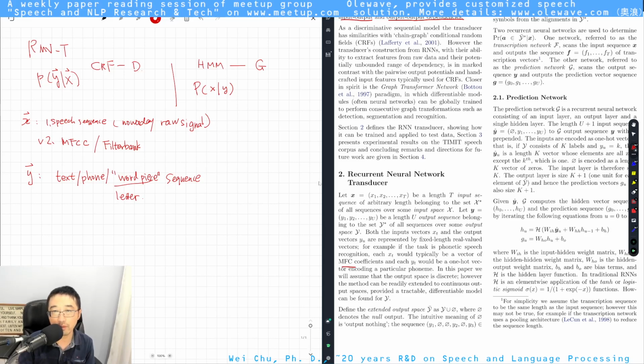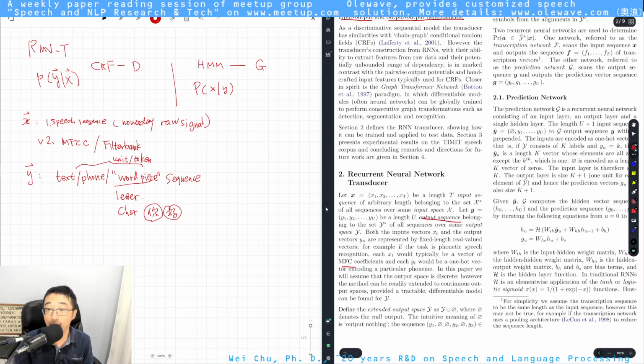If you're doing Mandarin speech recognition, this could be characters. For example, I think you all know the word ni hao: ni and hao are 2 characters. There are many ways of representing the y with different units. We call this unit, or token.